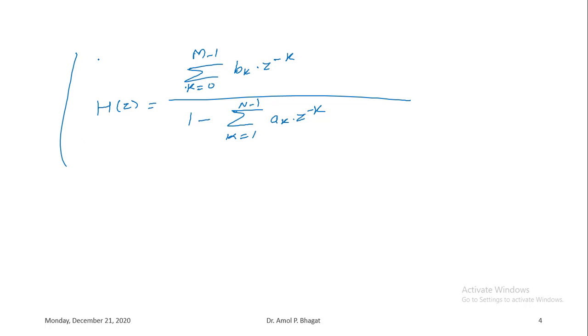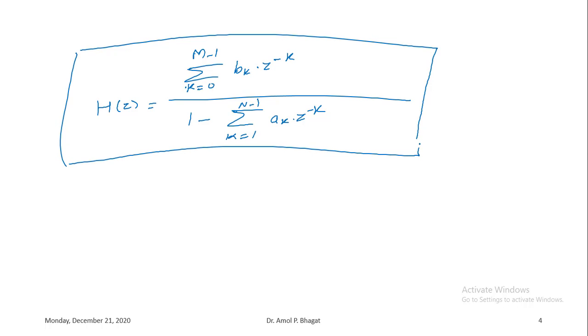For realization of any discrete time system, the system function should have this form, where in the numerator we have z to the power some negative values multiplied by certain constants.